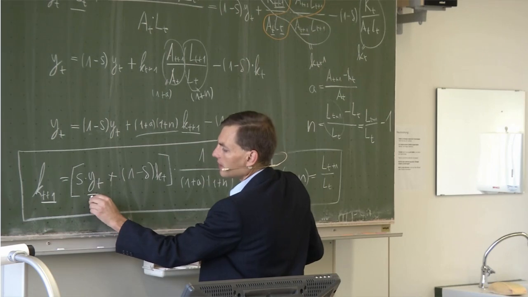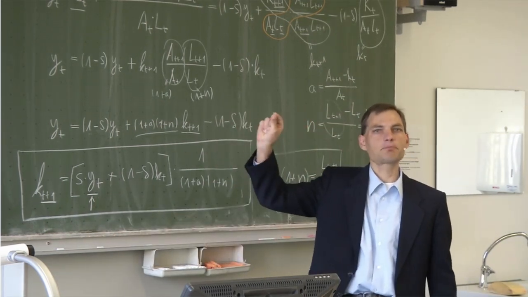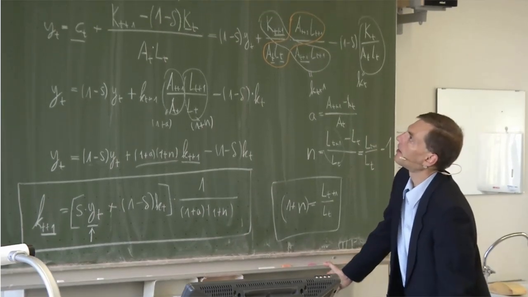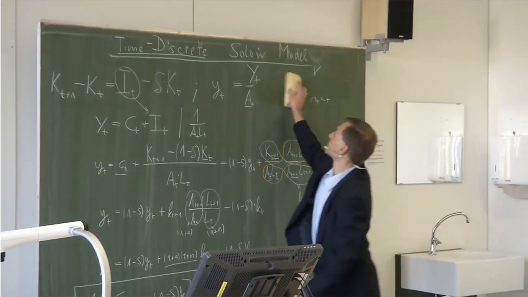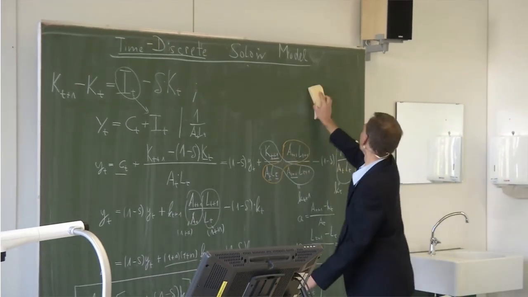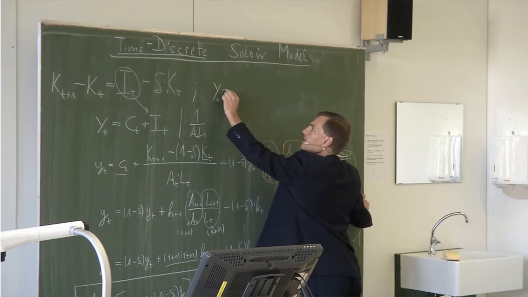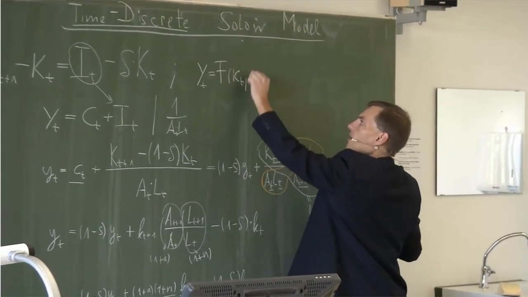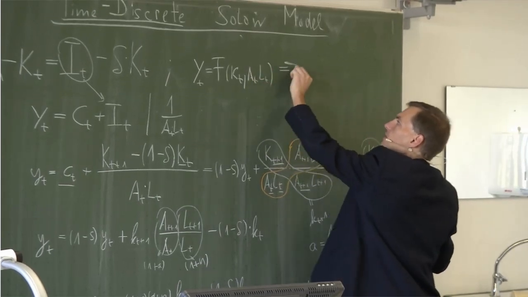YT? Well, you know, from my first condition, YT is a production function. Maybe I erase a part here. So my YT is a production function dependent on capital stock and effective labor. This is my condition 1.